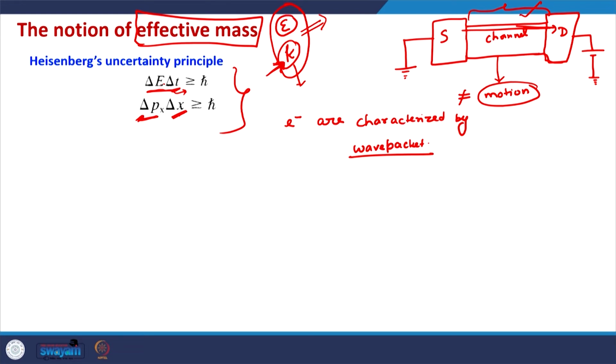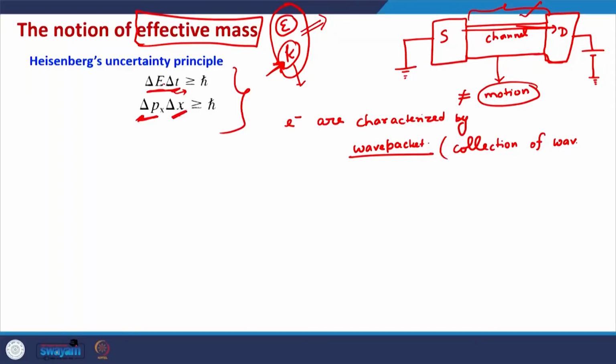So, in practical devices, when we have some clarity about the position of the electron, the electron will be defined by a collection of wave functions or by a wave packet. A wave packet is essentially a collection of wave functions corresponding to different energy or k values.